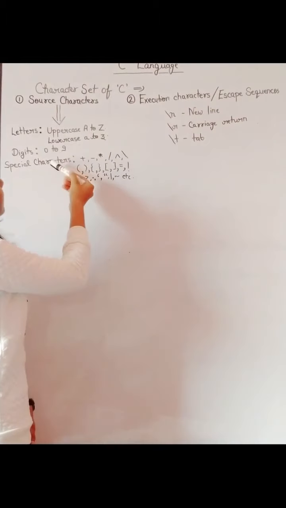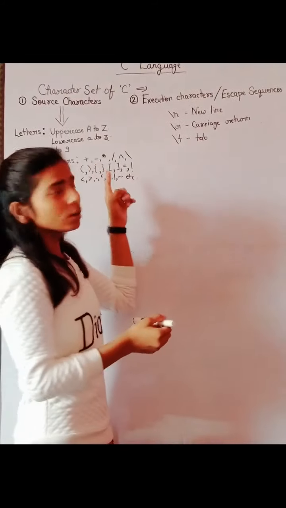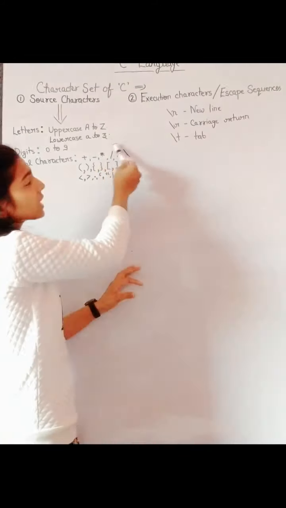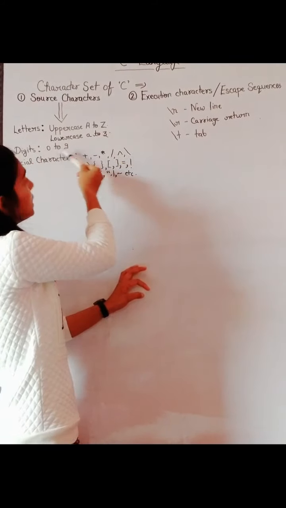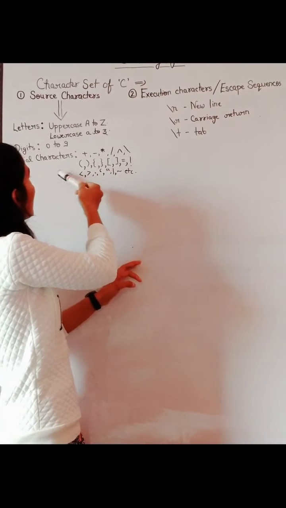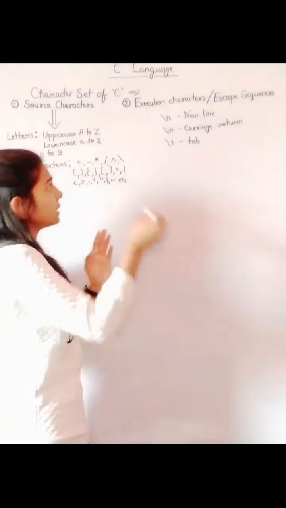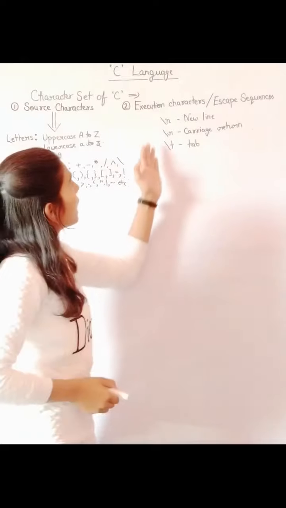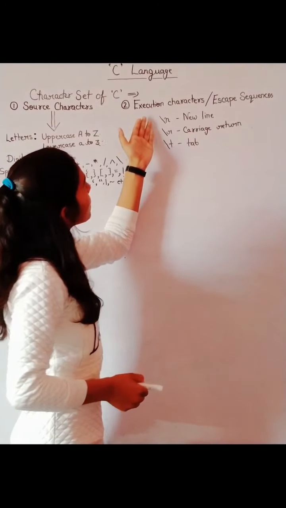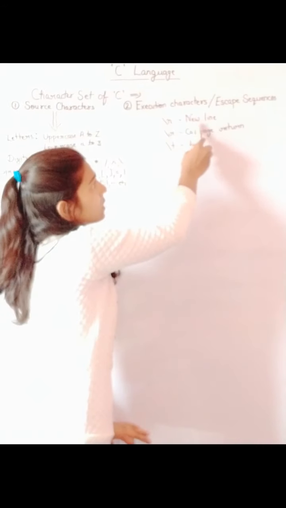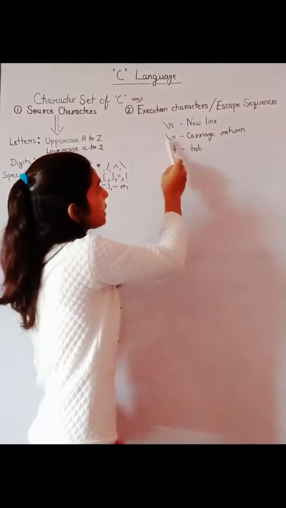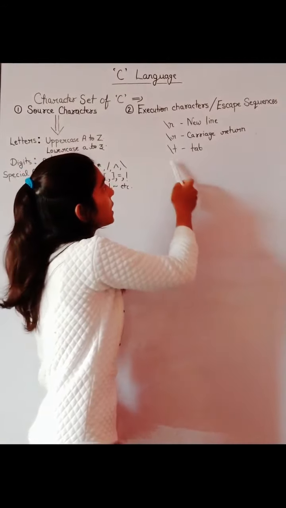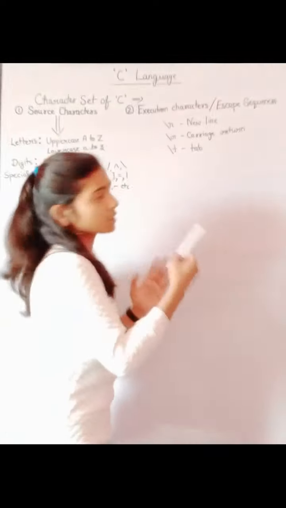So in source characters, uppercase A to Z, lowercase a to z, digits from 0 to 9 and some special characters lie in this category. Examples of execution characters are \n for new line, \r for carriage return and \t for horizontal tab.